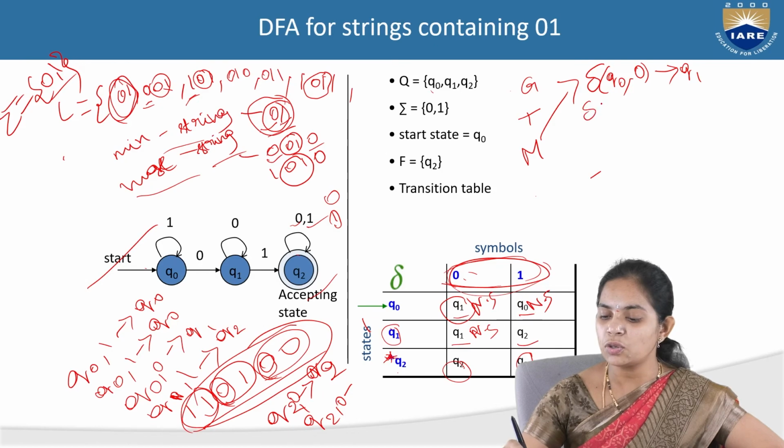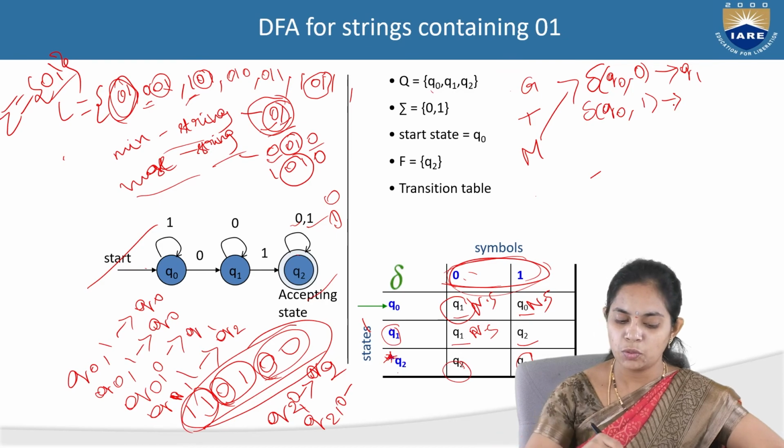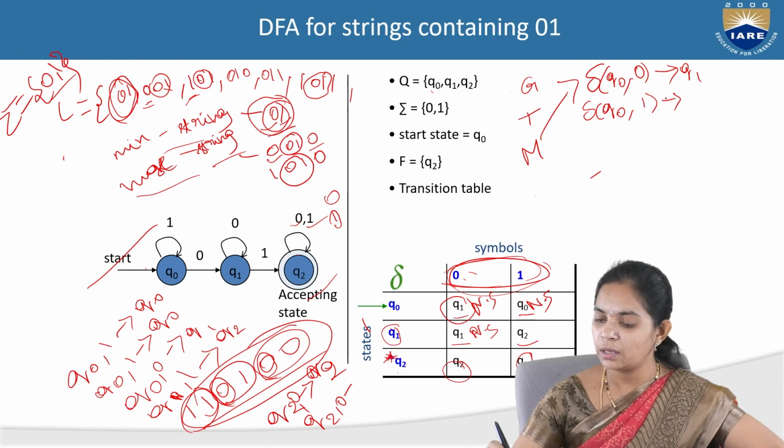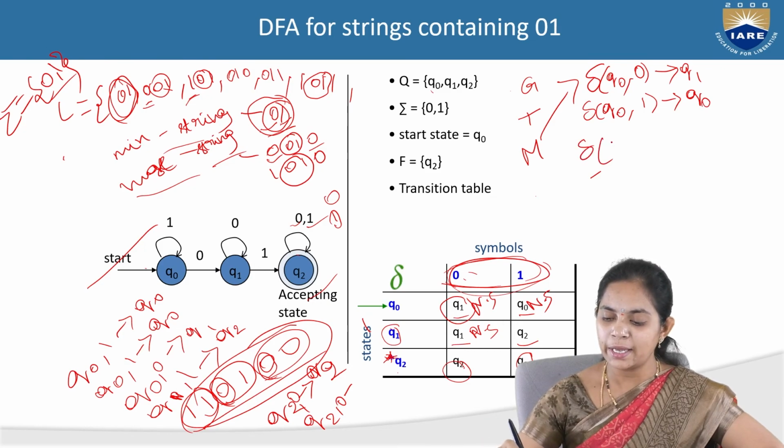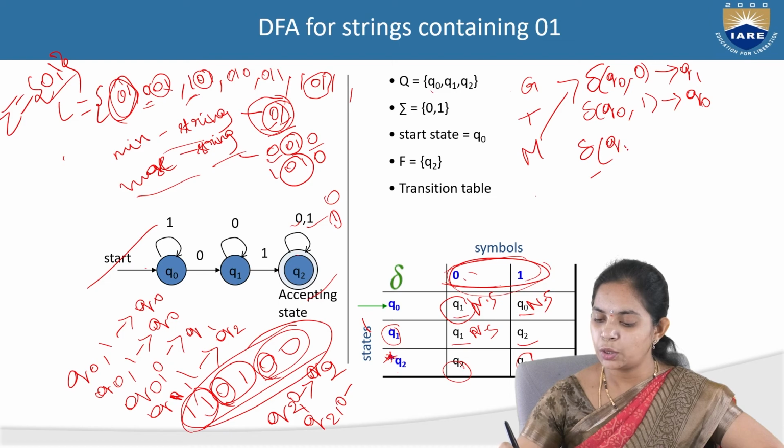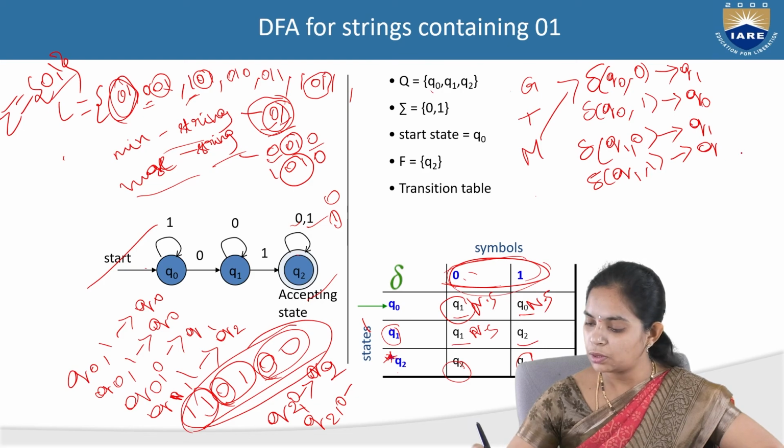And next, the transition of q naught comma 1. Where is it going? q naught comma 1 goes to q naught only. And next, the transition of q1 comma 0 goes to q1 only. And the transition of q1 comma 1 as an input goes to q2.